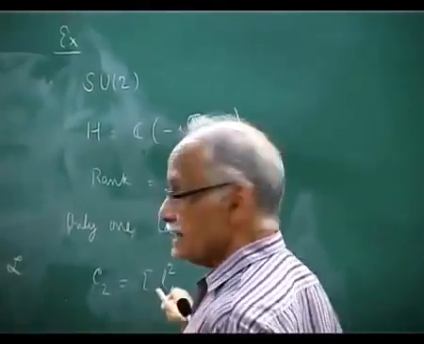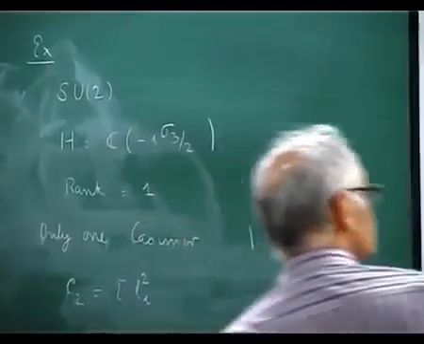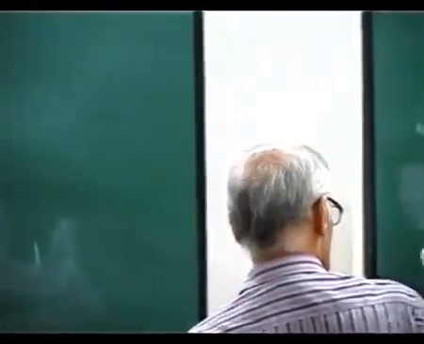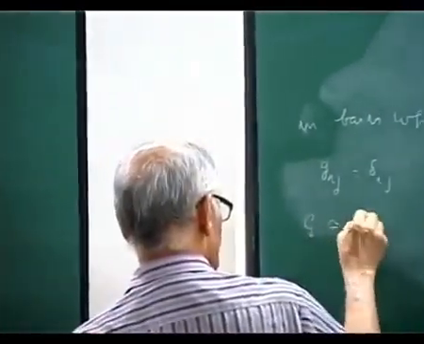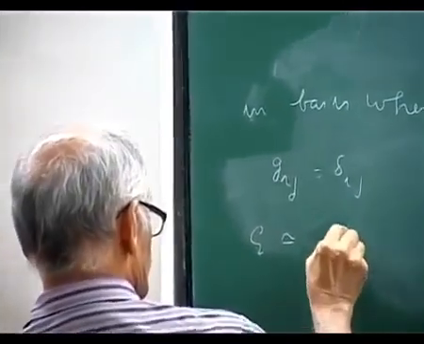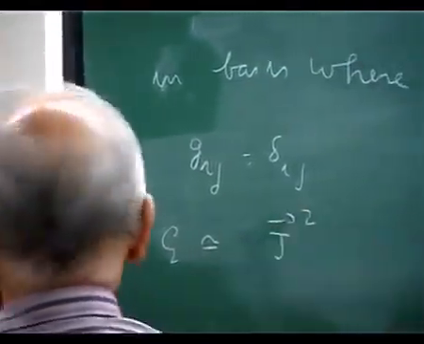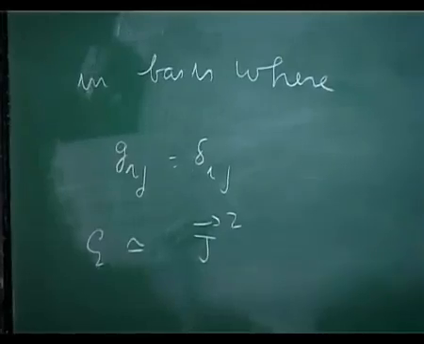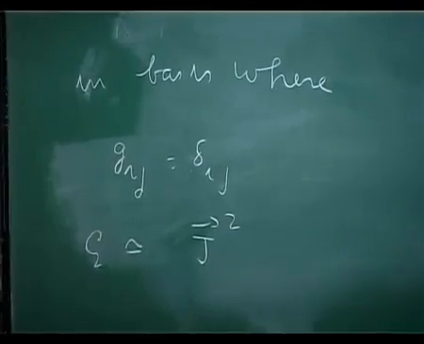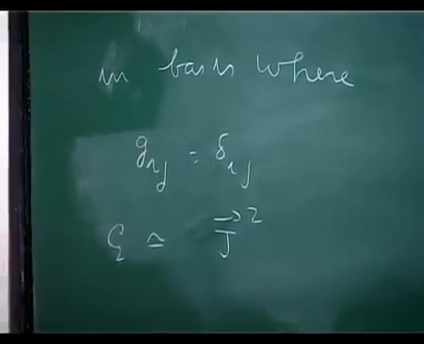So this is l(l+1). This thing C2 is what we would normally call J squared, where J is angular momentum. This is another notation.